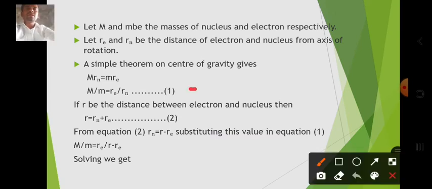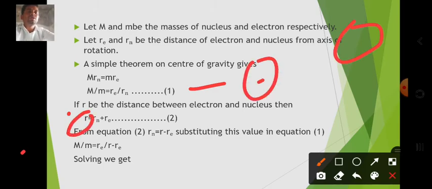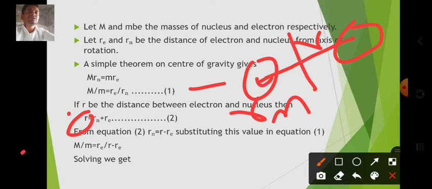Now write masses on one side and distances on the other. If R is the distance between the nucleus and electron, then R equals Rn plus Re. If you see the diagram, you can easily understand: R is the distance from nucleus to electron, Rn is the distance from nucleus to axis of rotation, and Re is the distance from axis of rotation to electron.